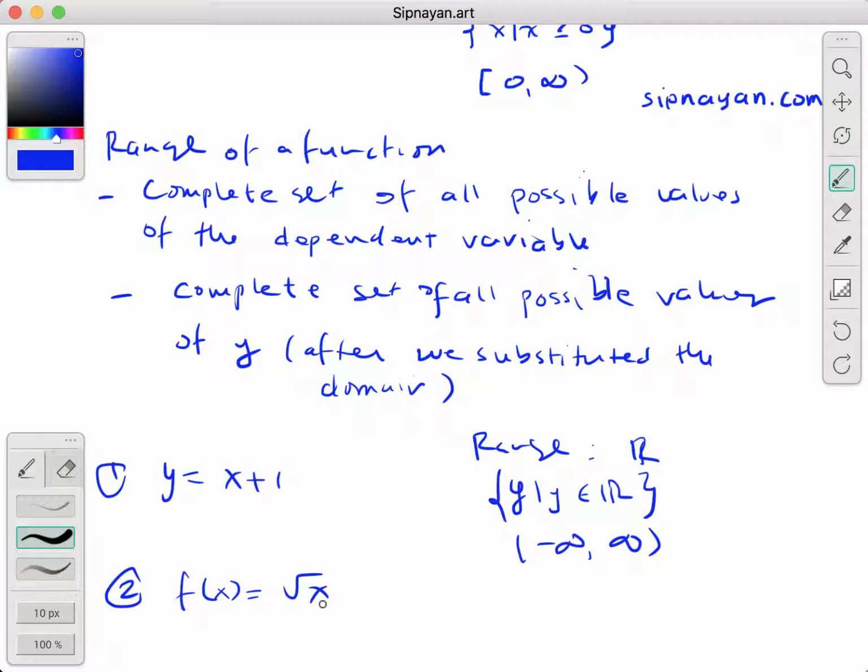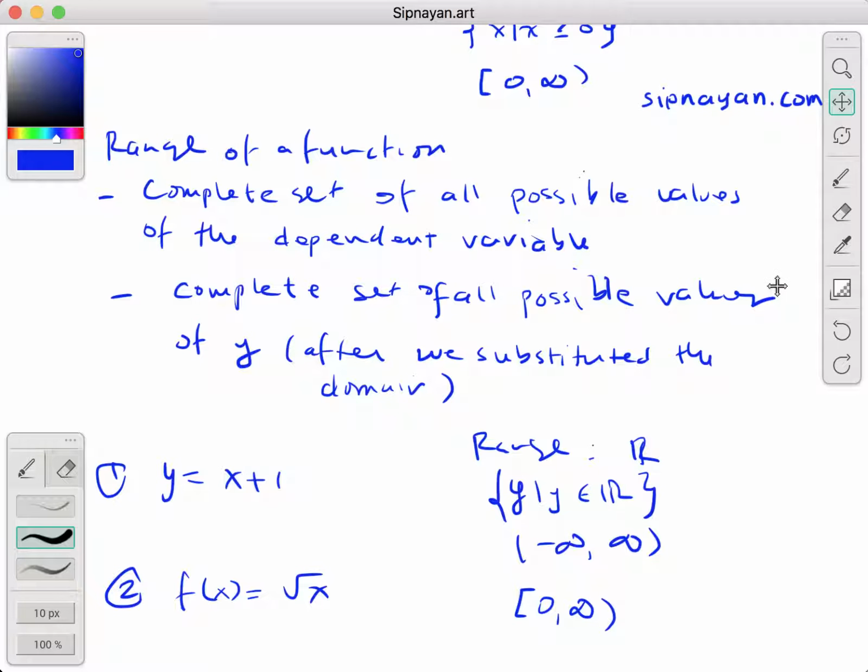Pag nag-substitute ka ng positive, magiging positive din to. Tapos, pag nag-substitute ka ng negative, magiging undefined. So, definitely, ang value nito magiging 0 lang up to infinity. No? So, from 0, included 0. Include natin yung 0 up to infinity.